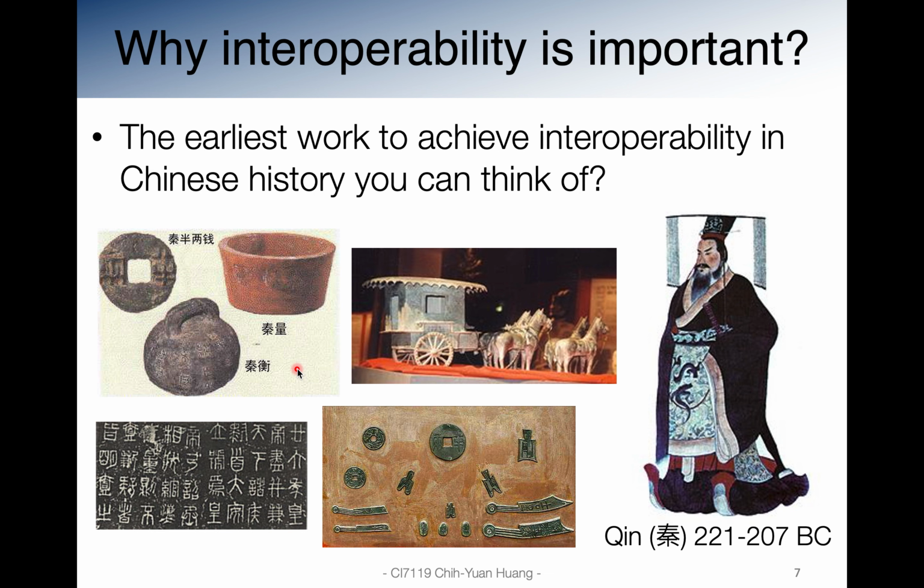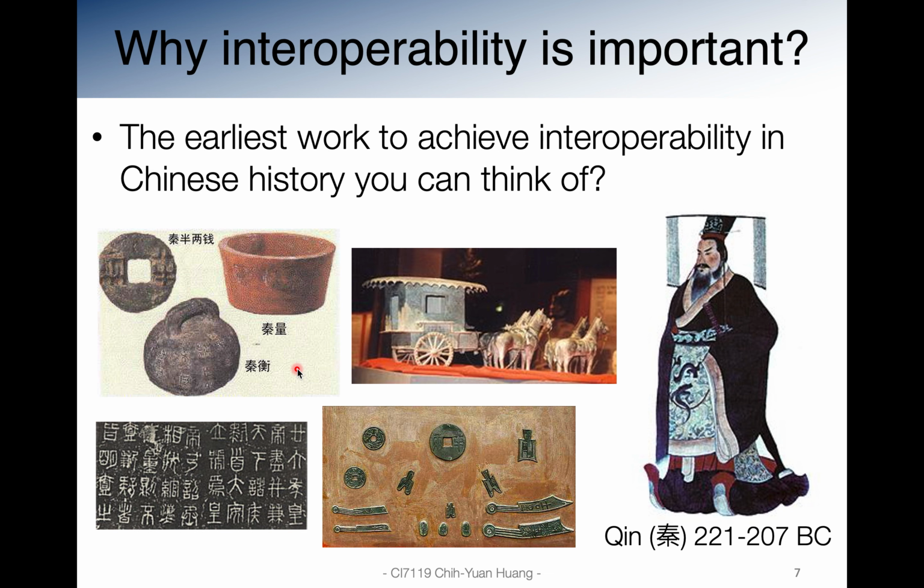If there is a strong force that demands you use a certain standard, then the communication between different countries or regions can be unified, and everything will be very smooth for transmitting information. Okay, so that's the earliest work to achieve interoperability in Chinese history that I can think of.